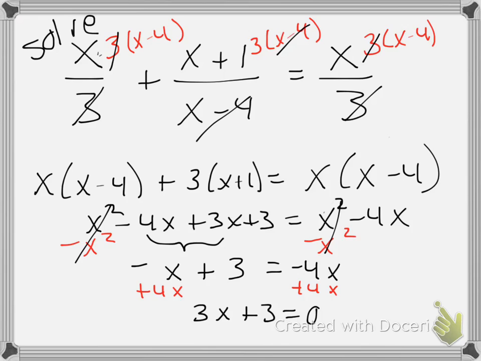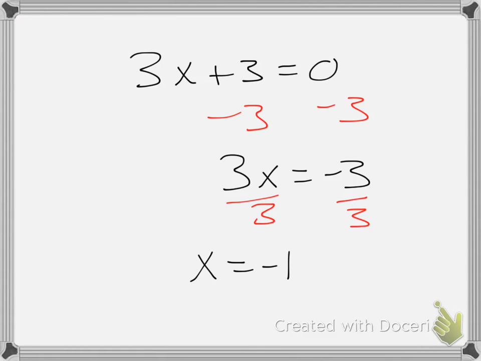That's when we still find the same LCD, but multiply each term by it, because our whole goal is to cancel the fractions out. We don't want them anymore. Then we combine like terms and keep simplifying until we can solve by factoring or by solving the algebraic equation. Hopefully this is a good breakdown of the differences between these two processes.